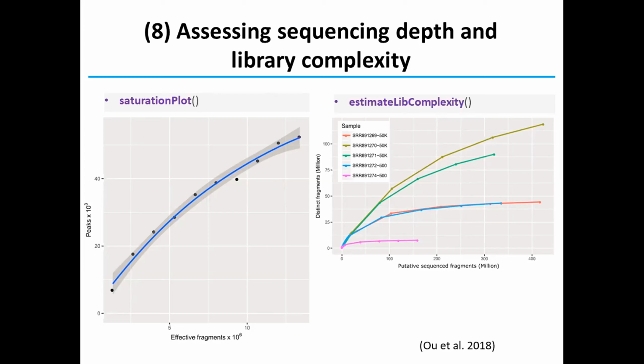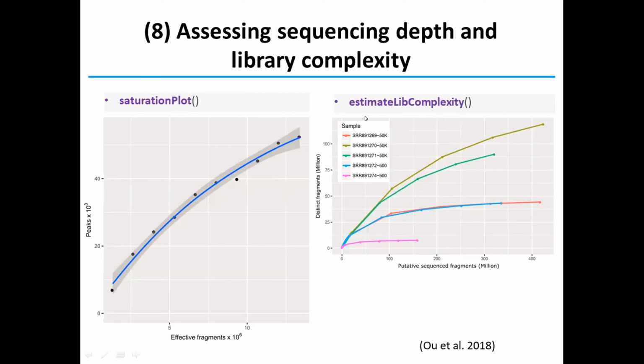Then we plot the curve to see whether the curve flattens out as the sequencing goes deeper and deeper. So if the library is not sequenced to saturation, we may find some library which has a good quality and a good complexity for further sequencing.